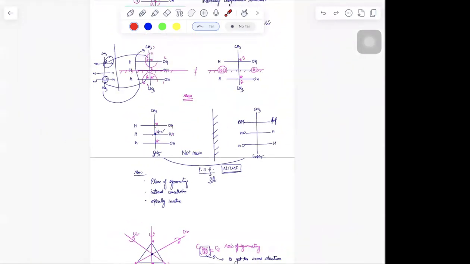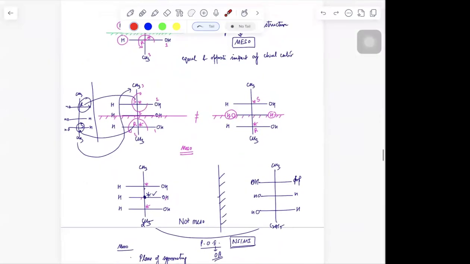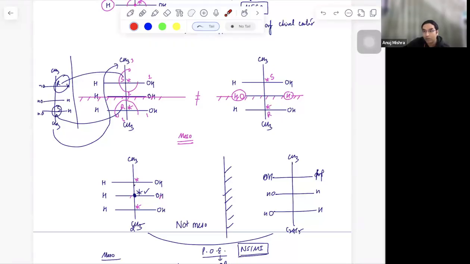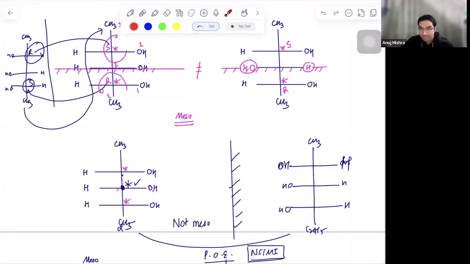The meso, the not meso. We will do it. Any doubts, any queries? Anything you want to ask?